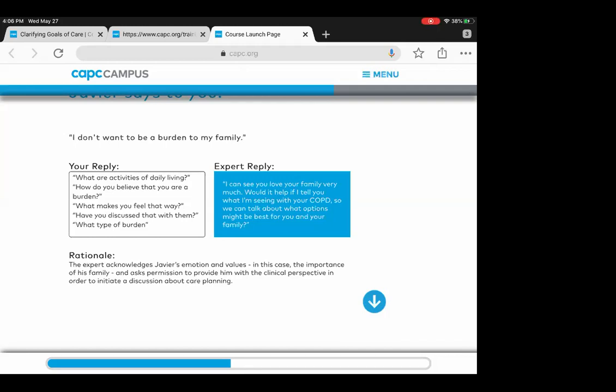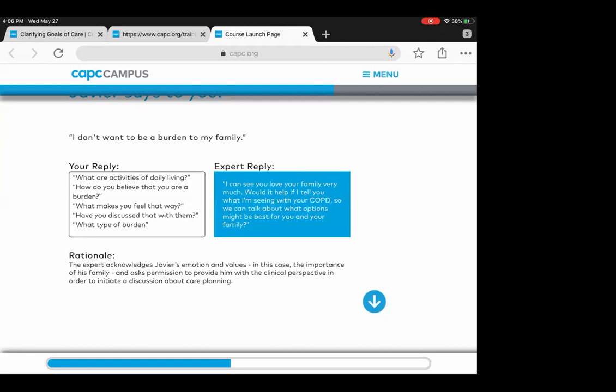Yeah, I think everybody's right there. By that you can really elicit what their activities of daily living are, what their functional status is, what their needs are, in all different ways. So you could really pull a lot of information by acknowledging that statement and delving into it. This one highlights another technique: acknowledging the statement, but then also furthering the conversation by asking permission.